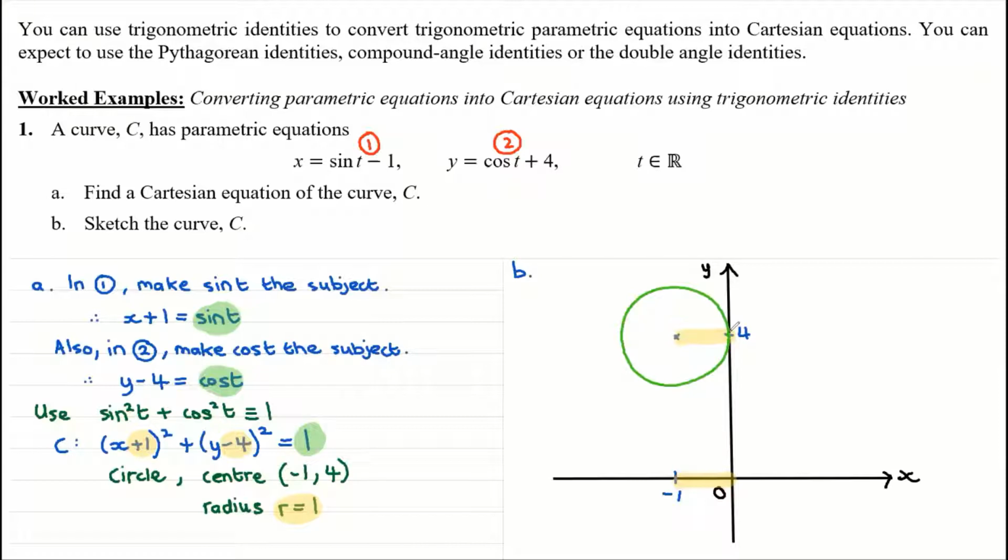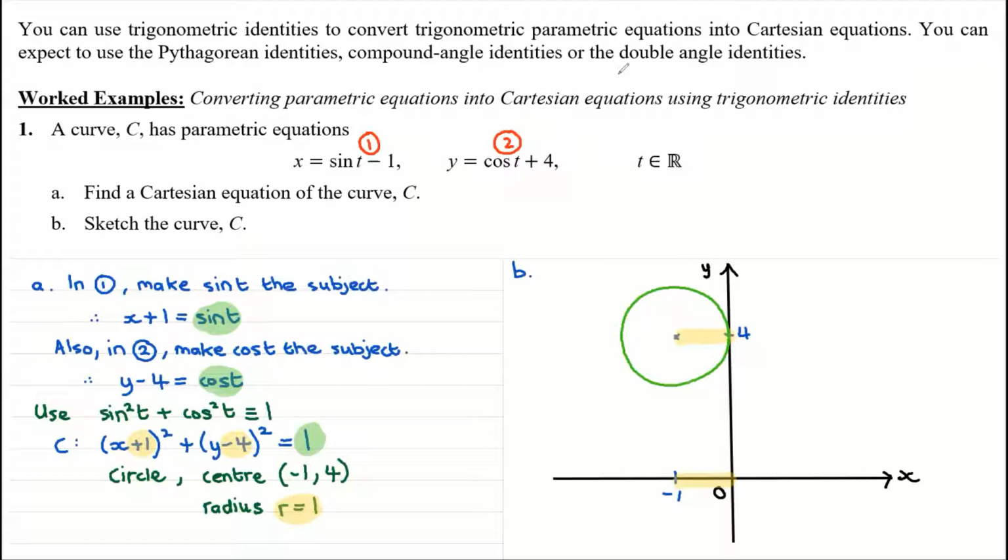And how could we verify this? Well, for the y-intercept, if you set x equal to 0 and rearrange the equation, you're going to get the y value as 4. But you can check that yourself. So this would be the circle sketch.